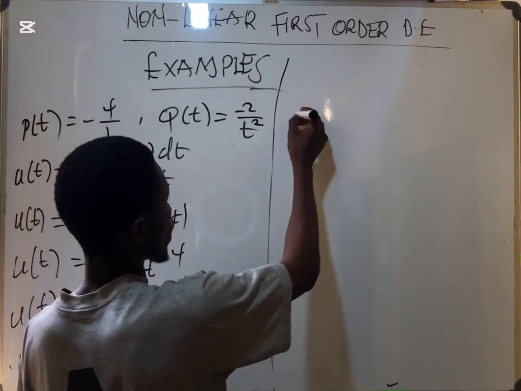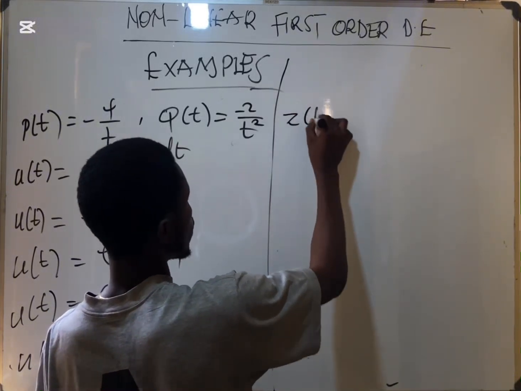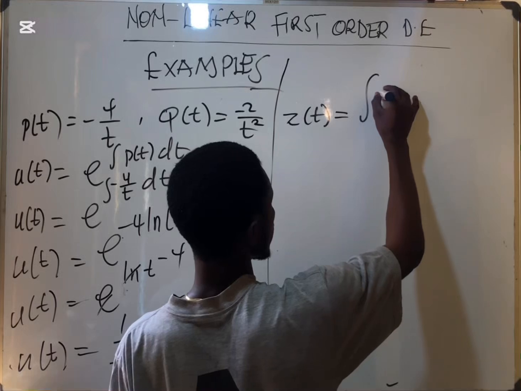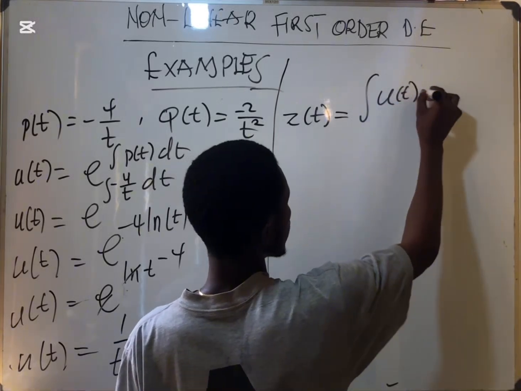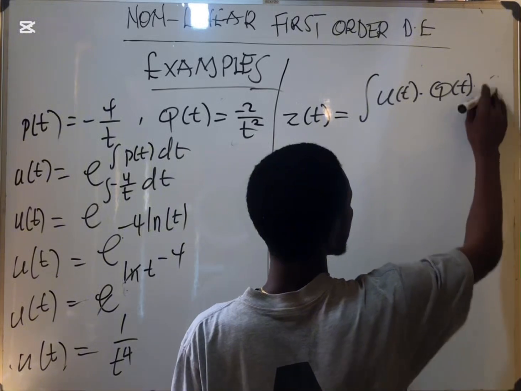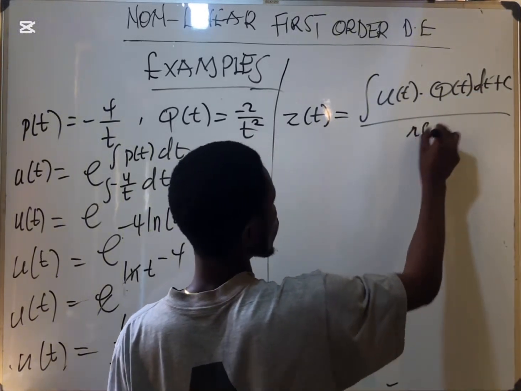So the formula for this is z of t equals the integral of the integrating factor times k of t dt plus c, all divided by the integrating factor.